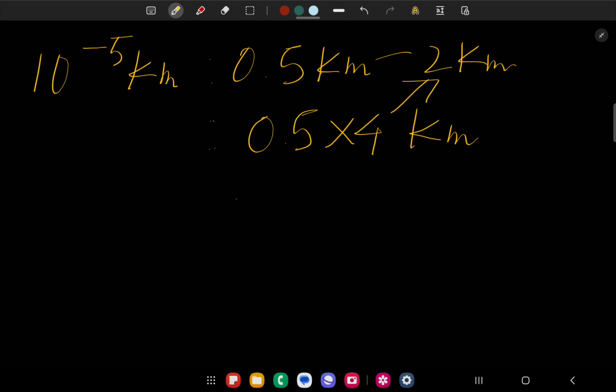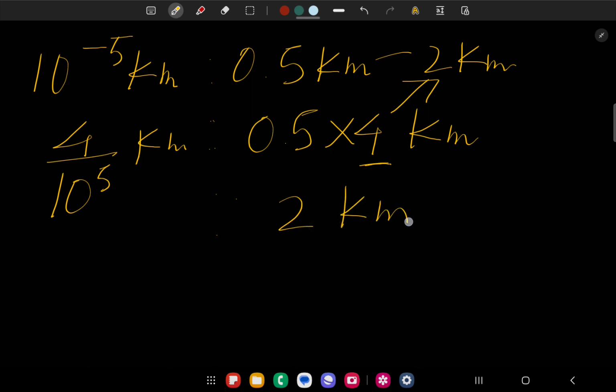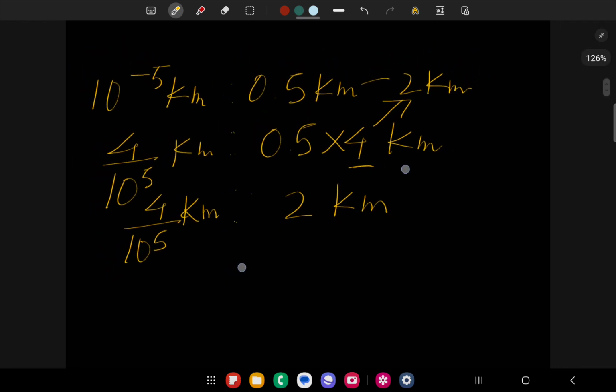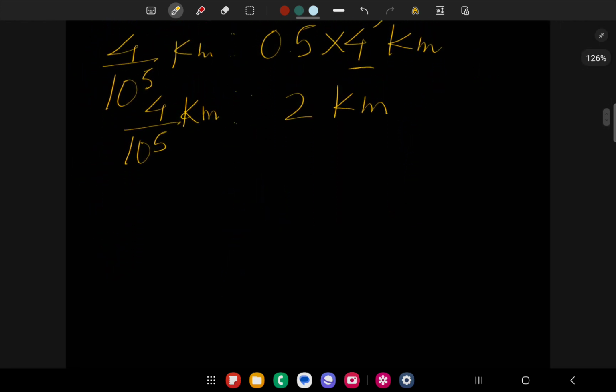If you multiply by 4 on the right side, you have to multiply on the left side too. So we can write like this. This is in kilometer, so it becomes 2 kilometer. So it's 4 by 10 to the power 5 kilometer. So this is the distance on a map.